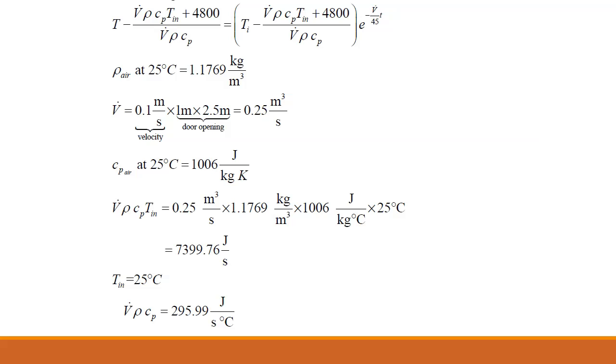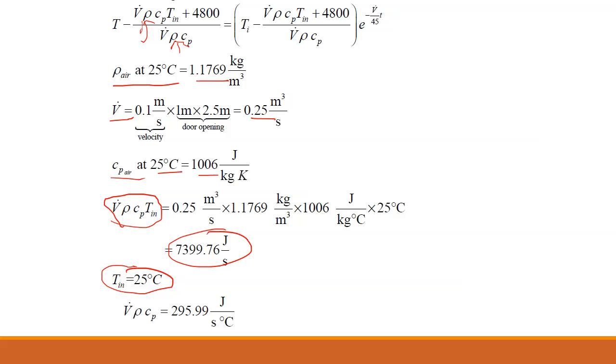Okay, further continuing on the solution process, we can now plug in all these values. So like density of air is given, the volume of the room is given, specific heat at 25 degrees centigrade is given. And so all of these quantities can now be calculated.